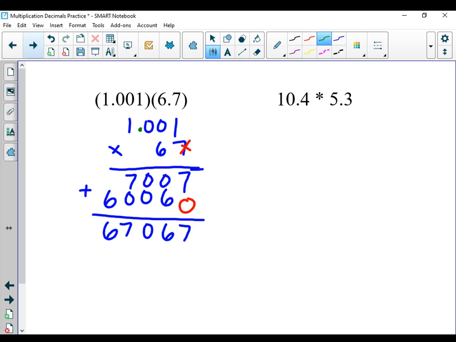At the end, go back to count. 1, 2, 3, 4. That's where my decimal goes. Do I need a negative? Nope.